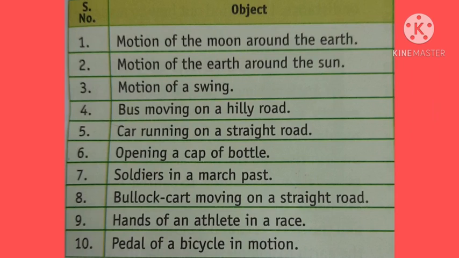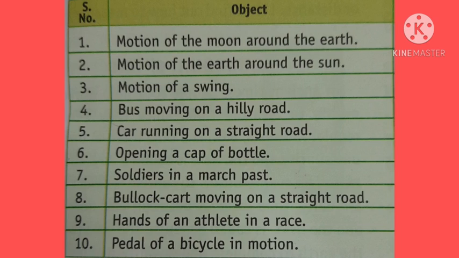Number one is the motion of the moon around the earth, revolutionary motion or periodic motion, because it occurs at a fixed interval of time, and we know that any motion happening at fixed intervals of time is called periodic motion.